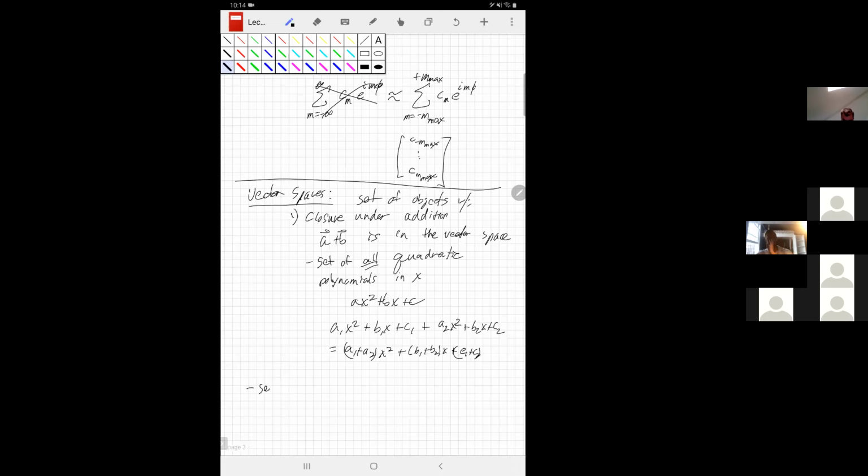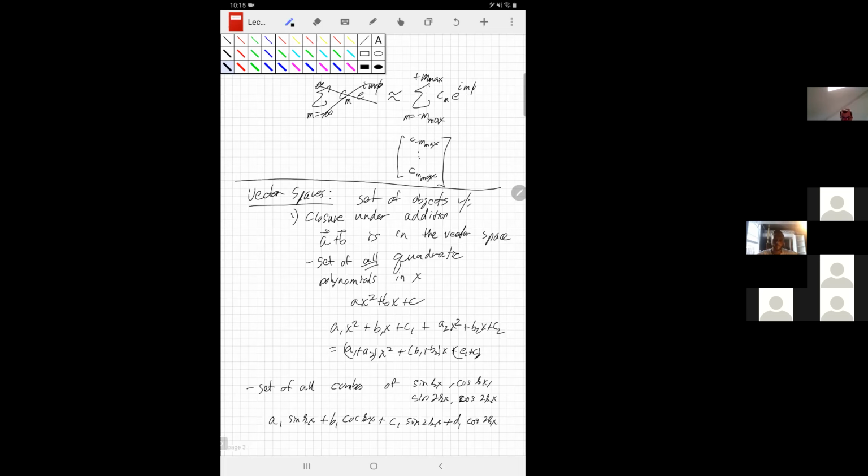If we had the set of all combos of sine kx, cosine kx, sine 2kx, and cosine of 2kx, then if I had a1 sine kx plus b1 cosine kx plus c1 sine 2kx plus d1 cosine of 2kx.